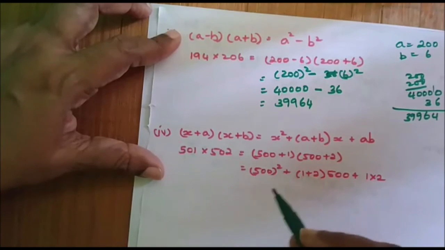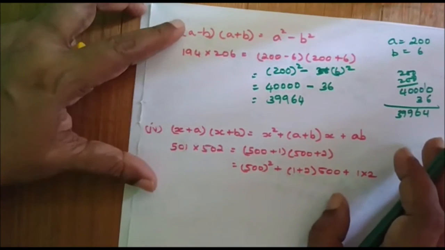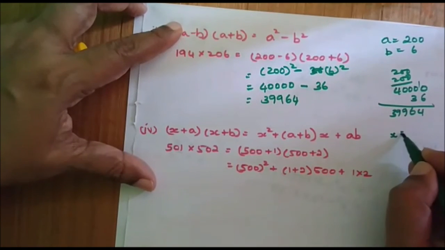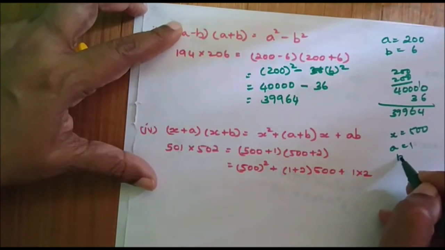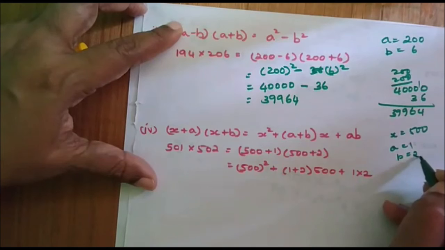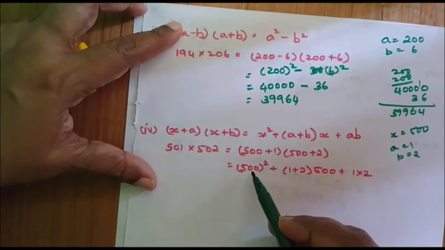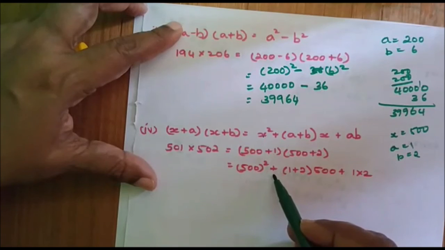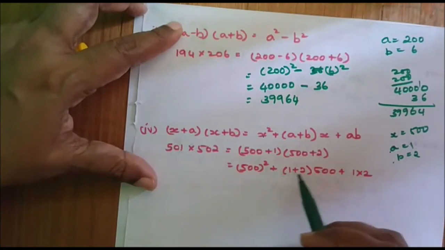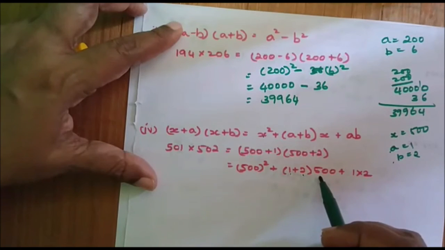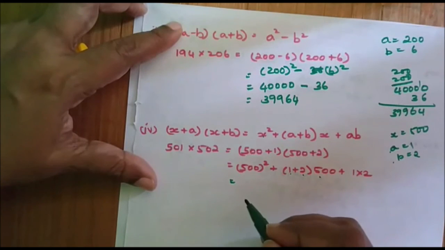How can we write it as 500 plus 1 into 500 plus 2, where x equals 500 and a equals 1 and b equals 2. Okay. So what does the formula say? x squared, so it will be 500 squared plus a plus b, where a is 1, b is 2. So 1 plus 2 into 500 plus 1 into 2. Okay, ab is 1 into 2.